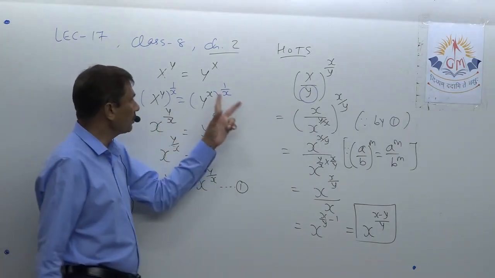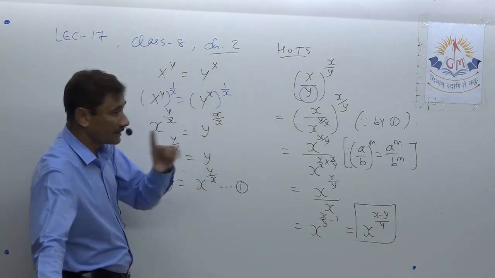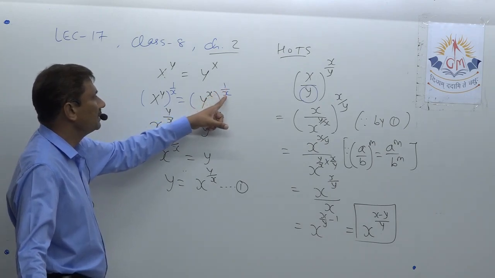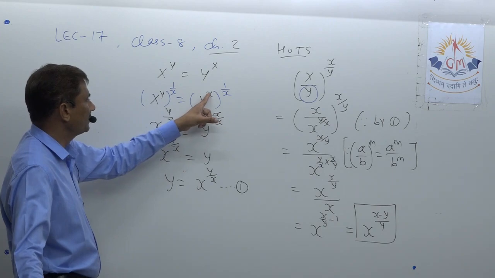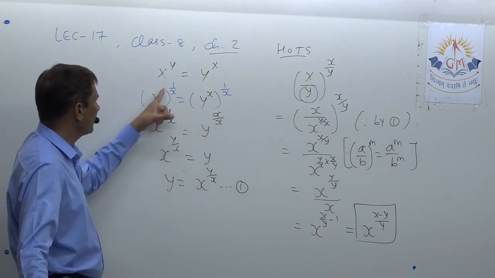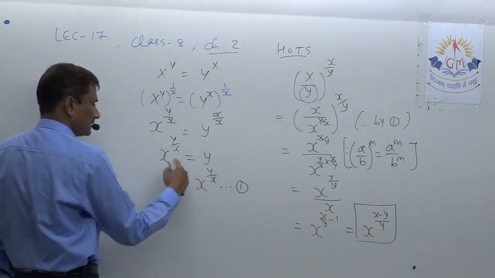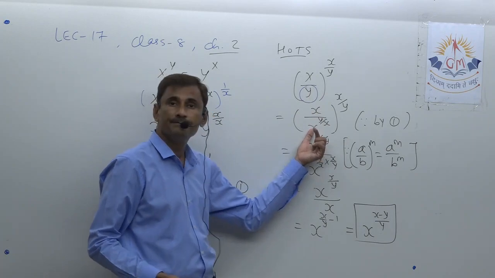Because I want only y on the right side, nothing else. For cancelling out x, I raise to 1 by x, so here also. So what happened? x into 1 by x, y into 1 by x. So it will be y, and x by x means 1. So we got y equal to something and place it here in place of y.